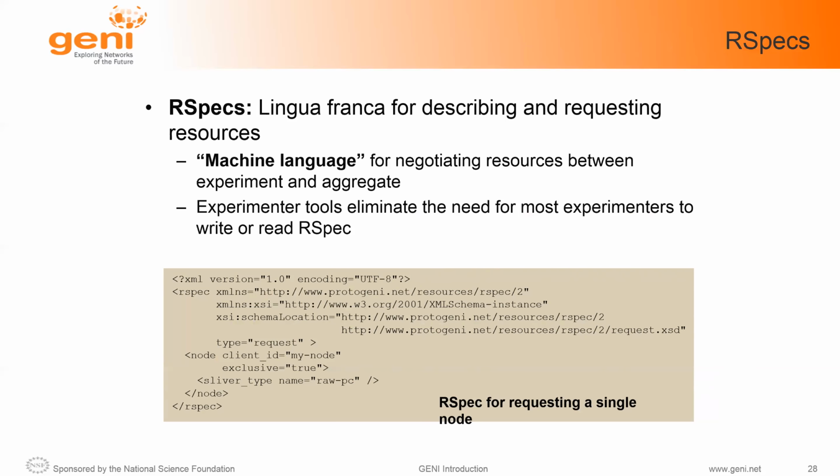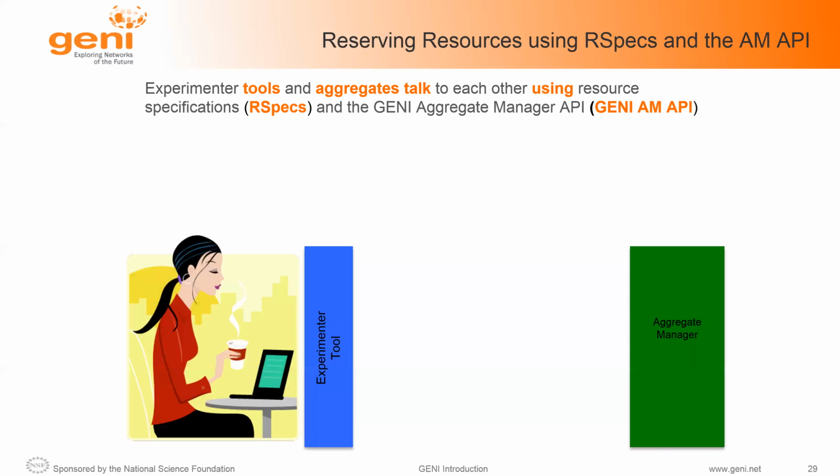But if you want to go look at the language behind that, you can see the RSpecs. I can assure you that you can run complicated experiments on GENI without having to sit and deal with the RSpecs, but you're welcome to do that if you want.